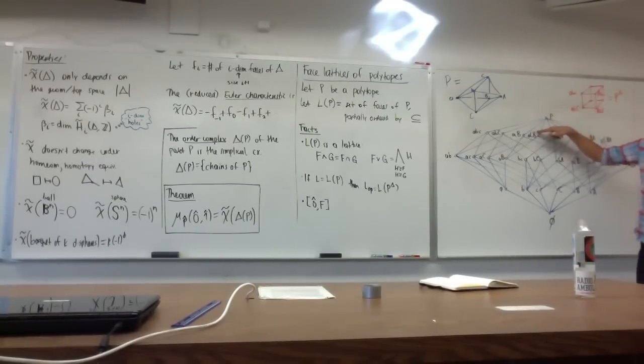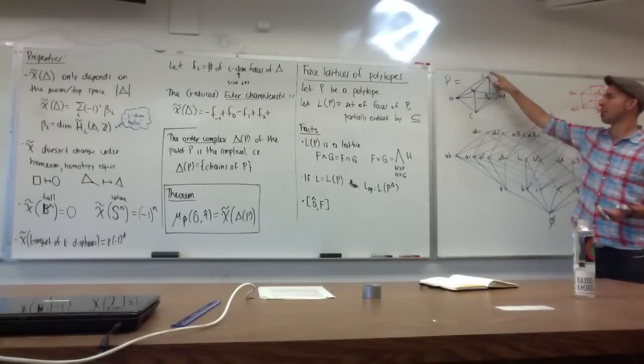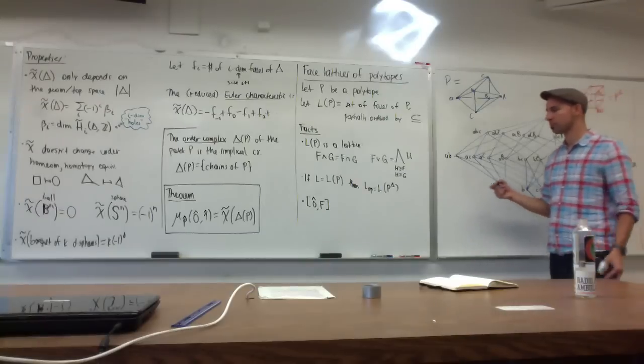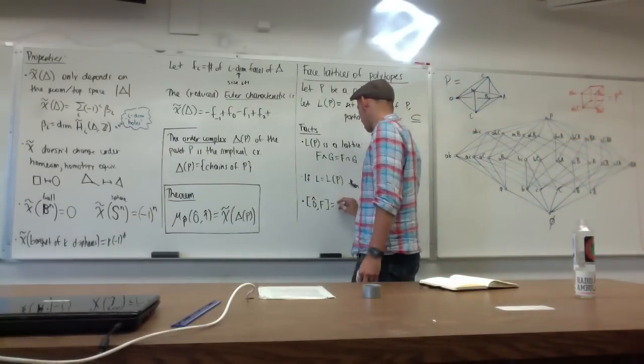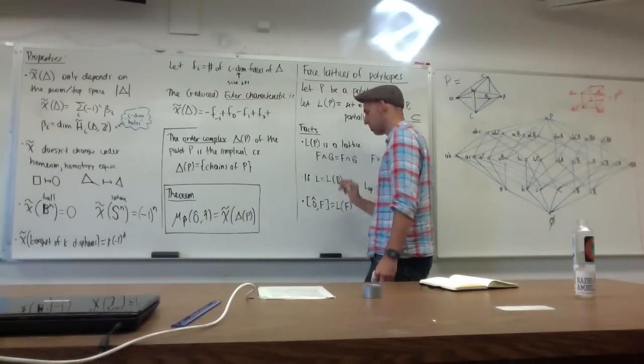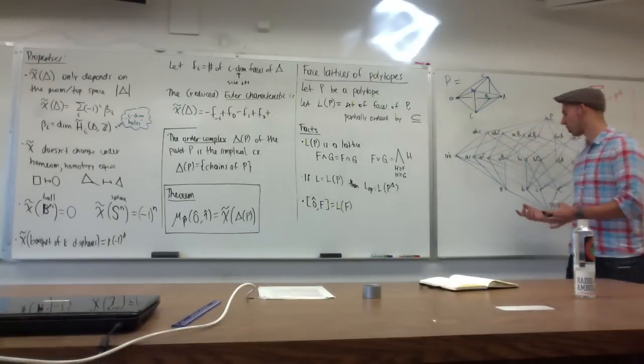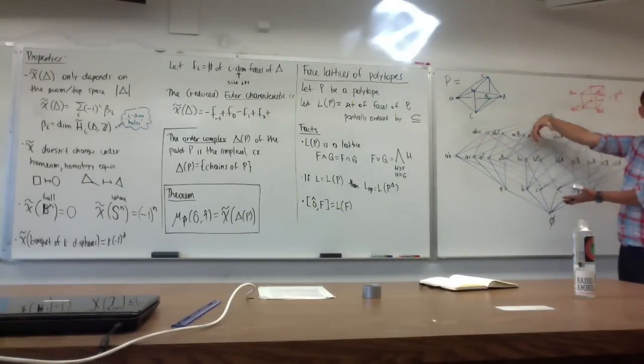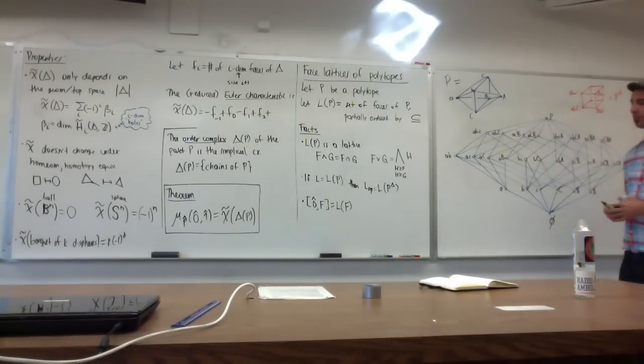And so that's going to be precisely the face lattice of the face A capital C capital B. So this is just the face lattice of my face. Okay, so that means that if you go from the bottom to some point, that's also a face lattice.